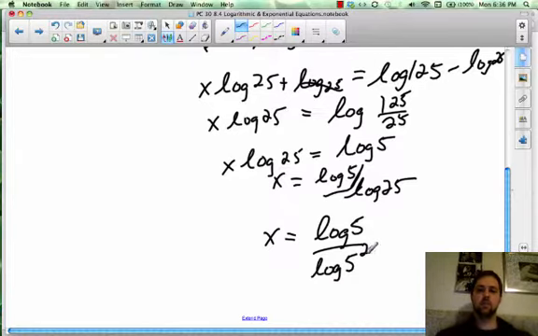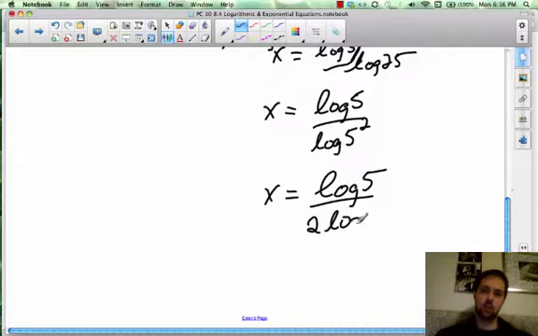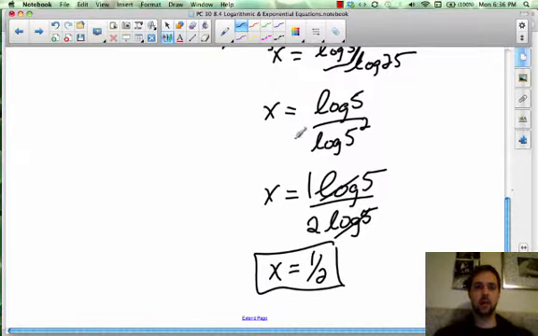Now, since this 2 is an exponent, we can drop it out as a multiplicative coefficient and write x equals log 5 over 2 times log 5. Now you notice that log 5 divided by log 5 will leave us with 1, and our answer 1/2, and we get the exact same answer as we had doing it with the other method.